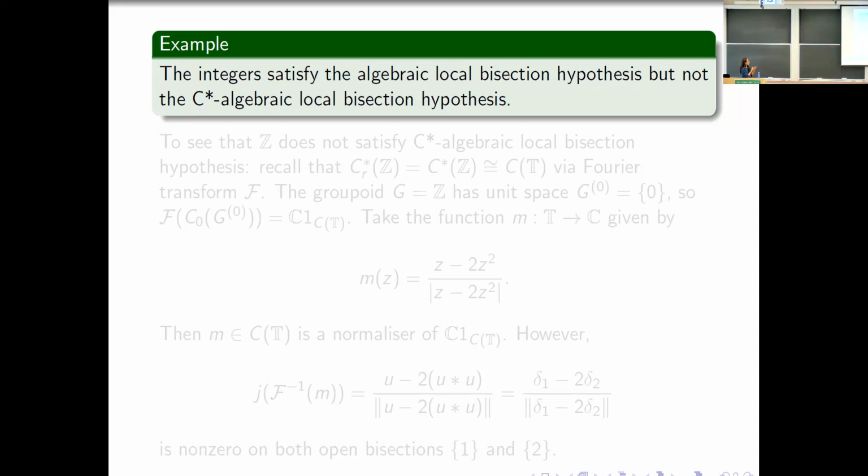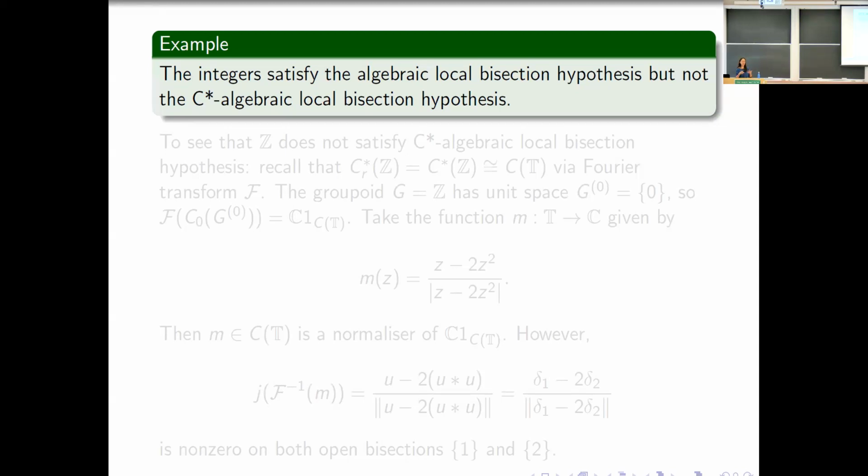But what I'm going to show you is that now, even when we define this so-called local bisection hypothesis and look into the support of the normalizer from the twisted Steinberg algebra or the twisted groupoid C-star algebra, they don't really behave exactly the same. If you recall one of the early results I mentioned, I need this local bisection hypothesis to construct the algebraic quasi-Cartan pair, and that exists in the algebraic setup.